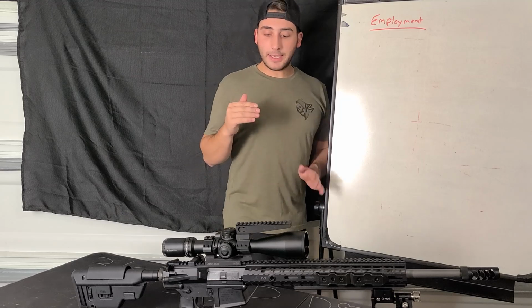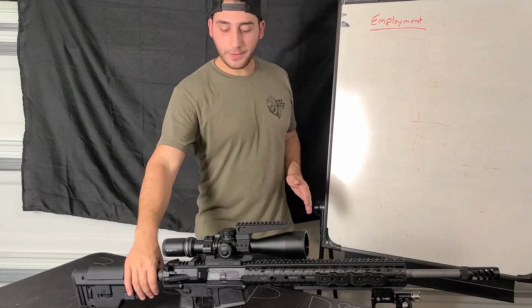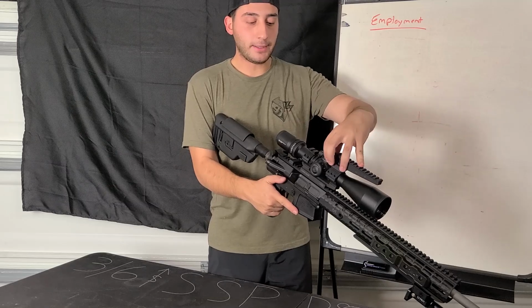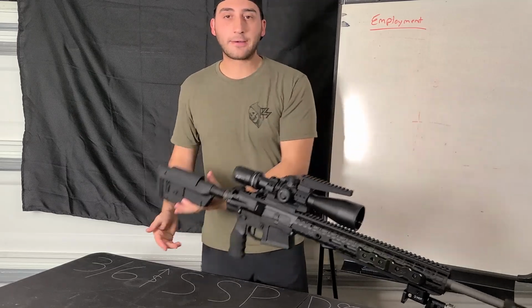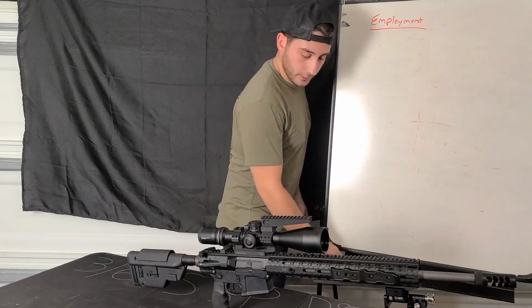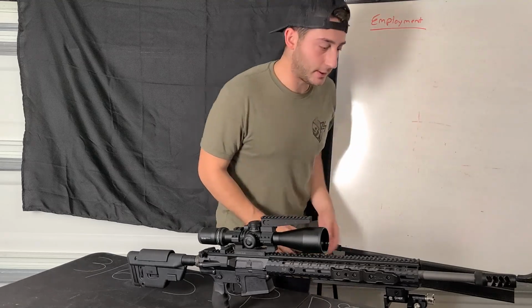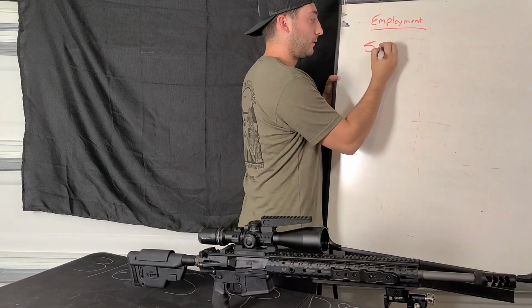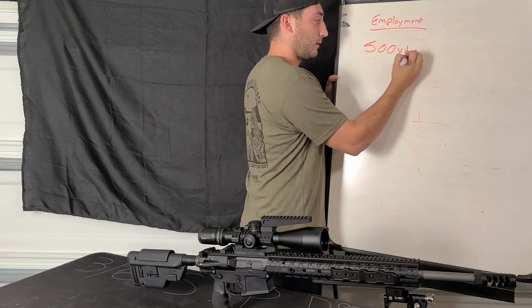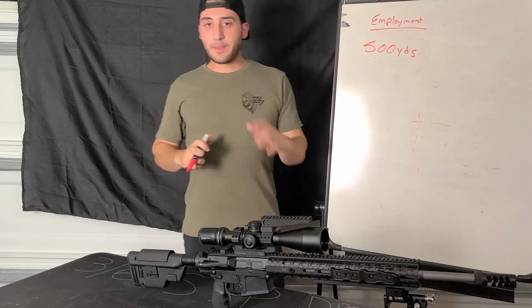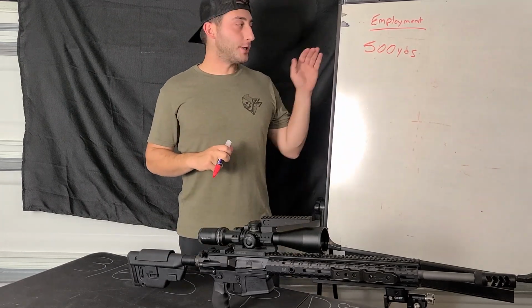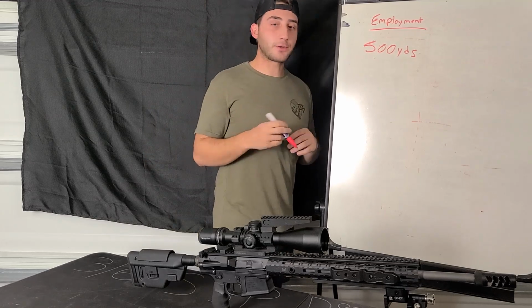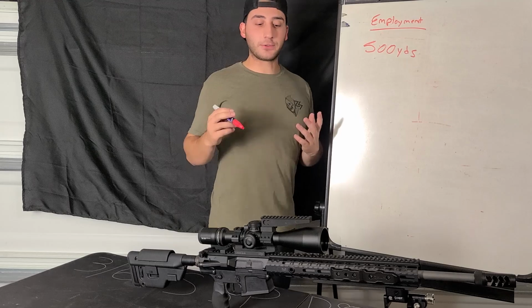Like I talked about in the last video, we're just going to recap. Let's say my target is at 500 yards. However we ranged it, someone gave us the range, or we ranged it with the laser rangefinder, it doesn't really matter.